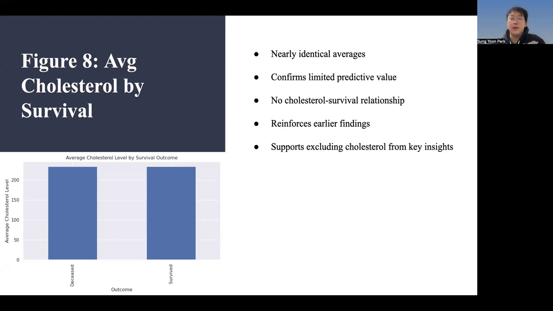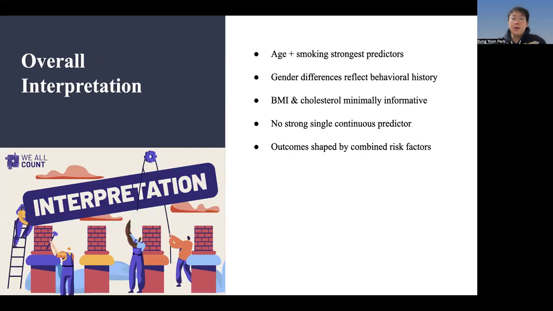in the raw data. When looking at all eight visualizations together, a consistent narrative emerges. Age and smoking behavior are the most influential predictors in this data set, and gender differences appear to be driven more by behavior than biology.